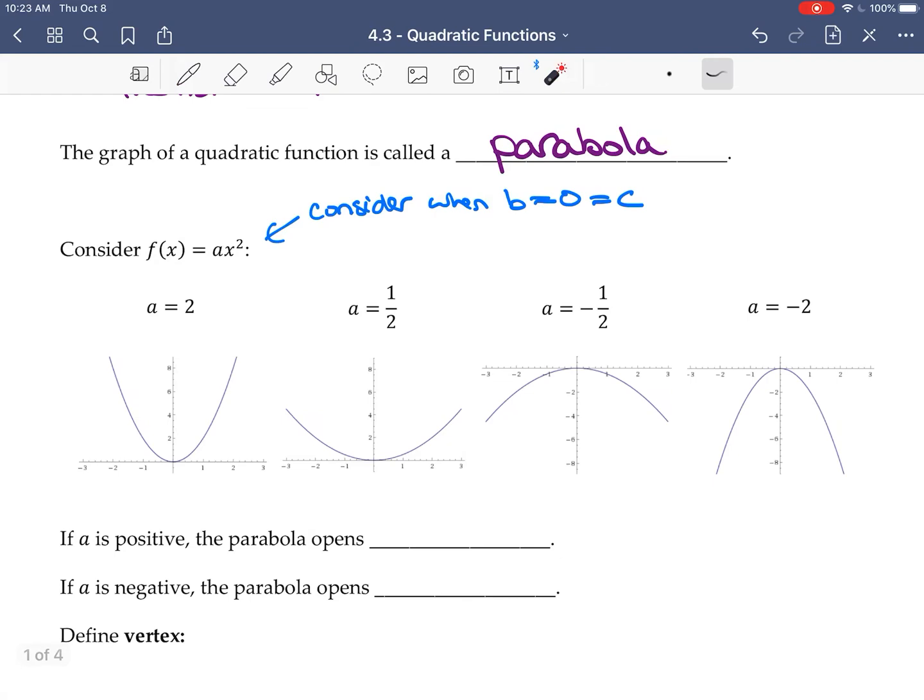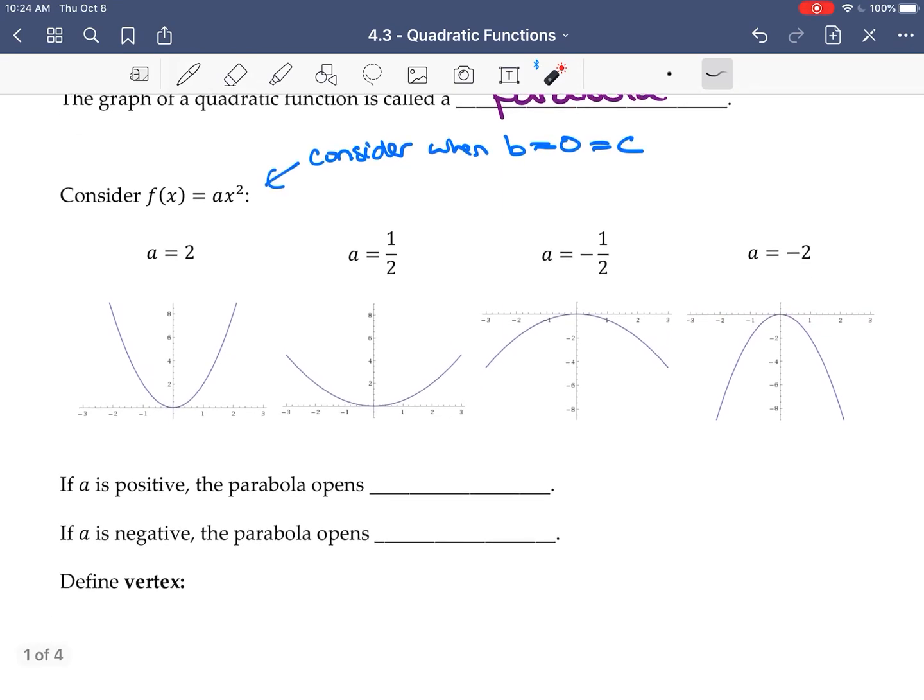So notice if you have a equals 2, it's a vertically stretched version of the y equals x squared graph. If a is 1/2, then it's been vertically compressed. If a is negative 1/2, then it's flipped and vertically compressed. And negative 2 is flipped over the x-axis and vertically stretched.